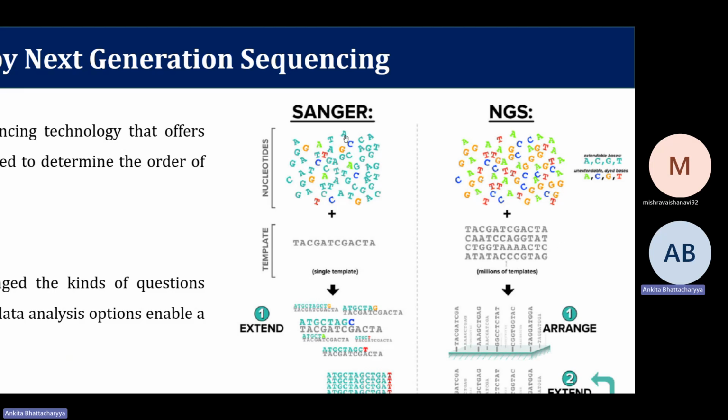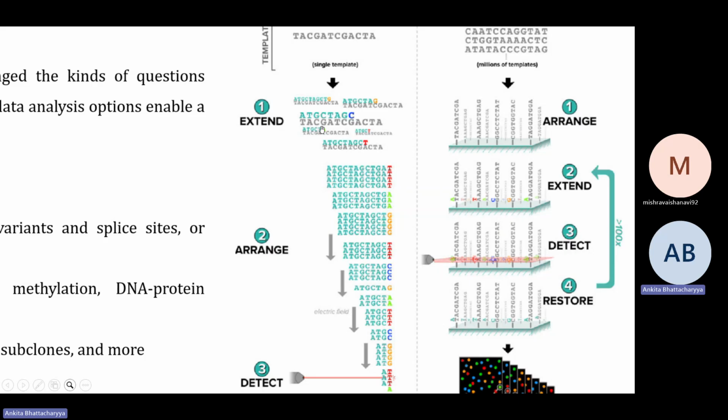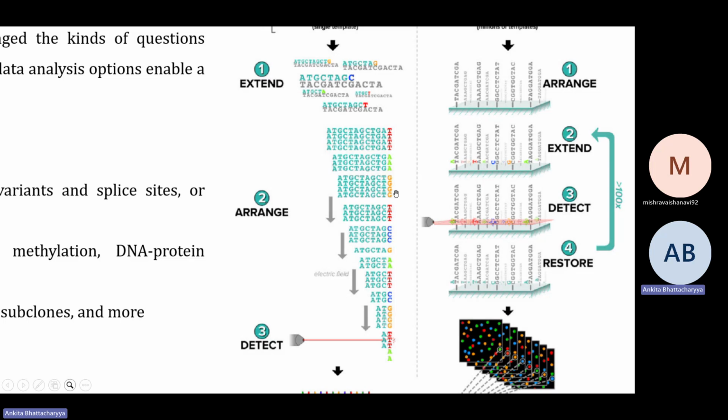So, that was the key difference between Sanger and NGS. And also, there's a mixture of bases. We'll come to it later, but this is the key difference between both the techniques. Next, for Sanger sequencing, you have extension and you have arrangement. You will have hundreds of such nucleotide sequences.